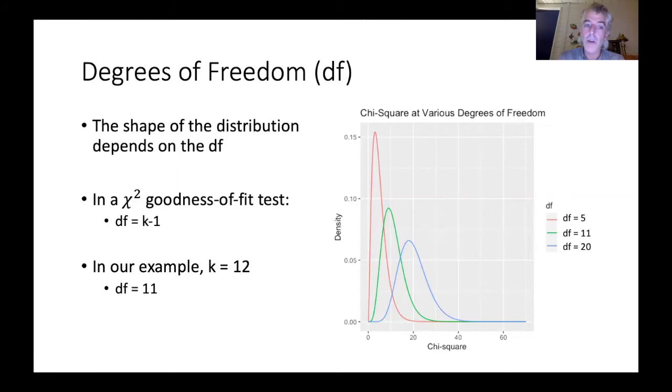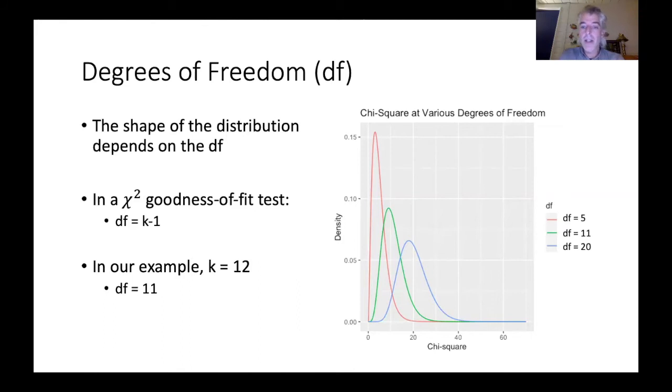And in a chi-squared goodness of fit test, the degrees of freedom are calculated by the number of categories minus 1. So in our example, we had 12 categories corresponding to the 12 different months. And so the degrees of freedom in our example of the NHL hockey players is 11.